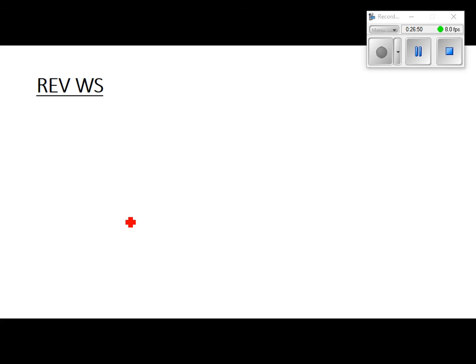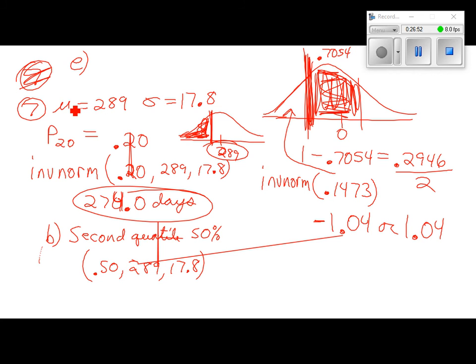Punch it in your calculator and see if that's what it gives you. So it gives you 289. Yes, no, maybe?